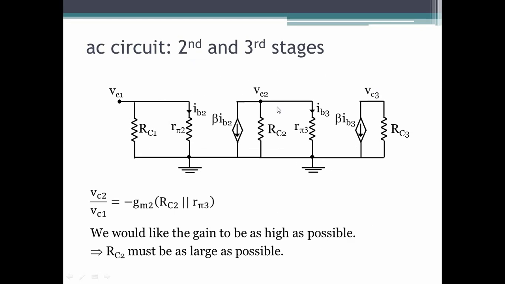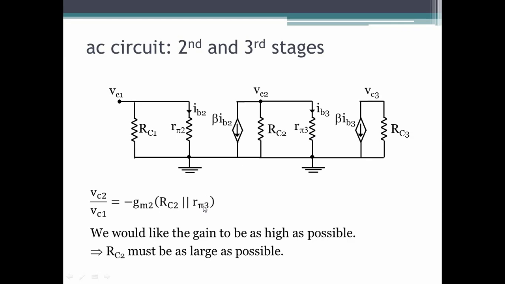Basically we want to find the gain of the second stage, VC2 by VC1. In the second stage, the R-pi 3 comes in parallel with RC2, so this expression is minus Gm times that resistance. So the gain of the second stage is minus Gm2 times RC2 parallel R-pi 3.